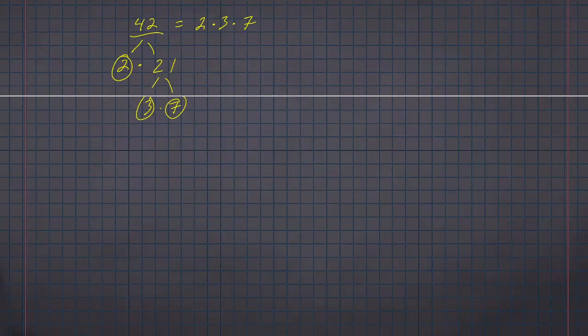But with that idea of prime factorization, I took advantage of the fact that any even number can be divided by 2. Which is an important skill in its own right.